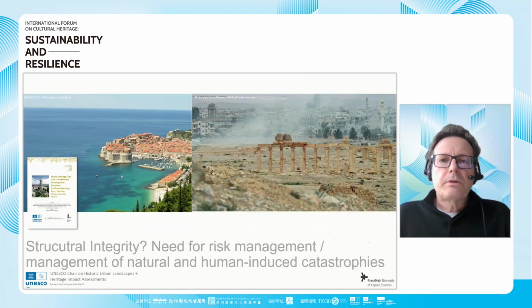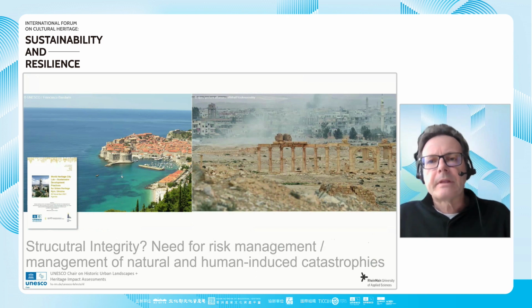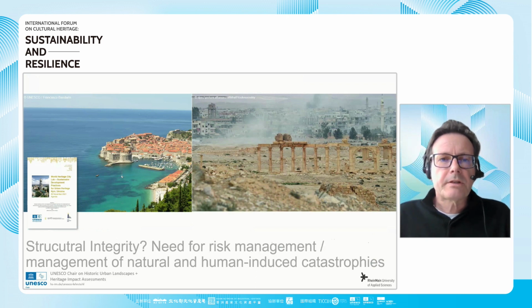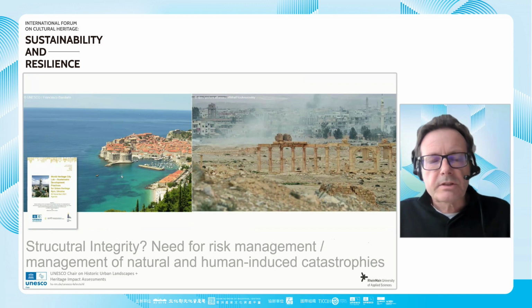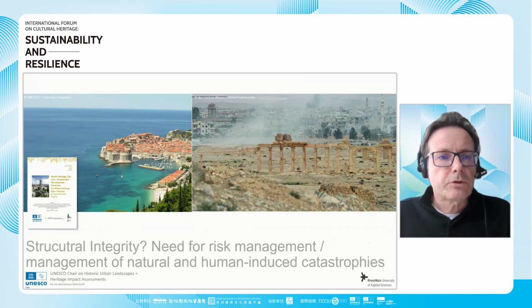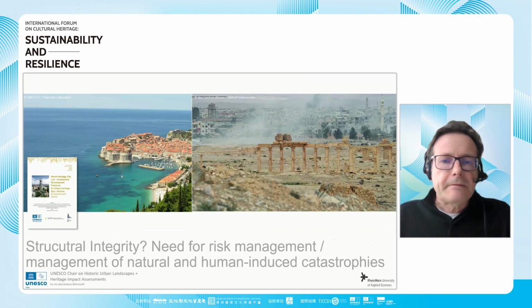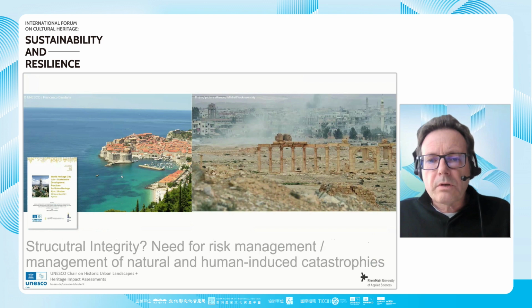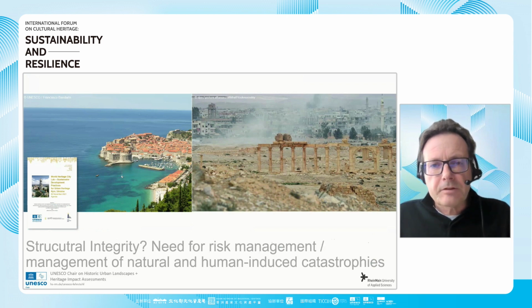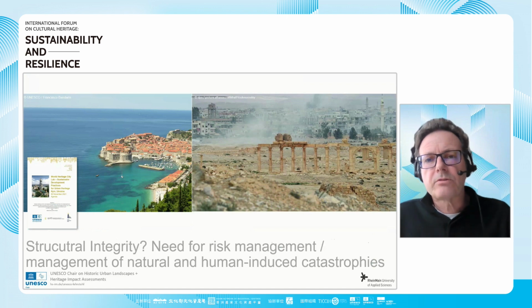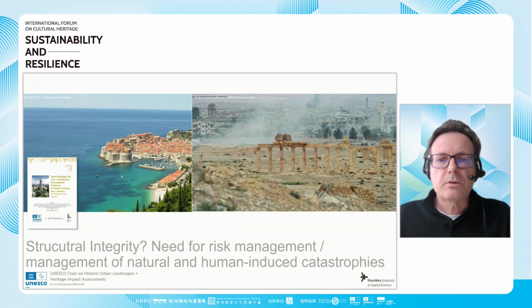But we see also human-induced catastrophes, such as war activities, Palmyra is just one example, or Ukraine, or also Dubrovnik, which was heavily destroyed roughly 20 years ago. So we also need to have instruments for risk management after catastrophes, or even prior to catastrophes, in order to preserve our heritage properties.